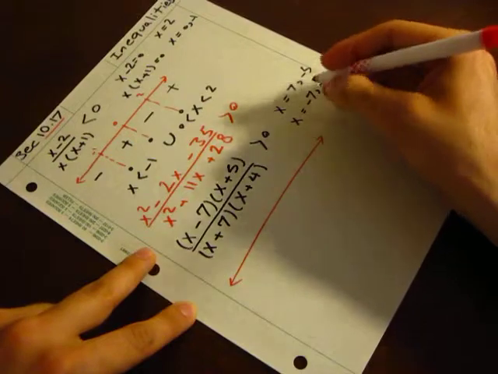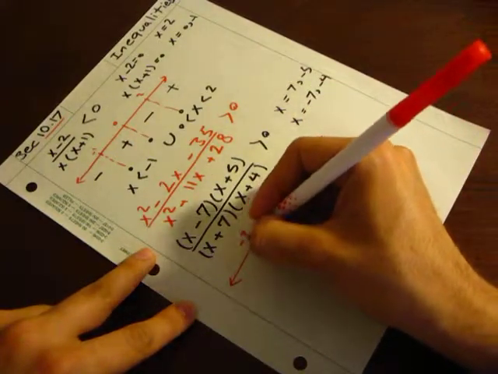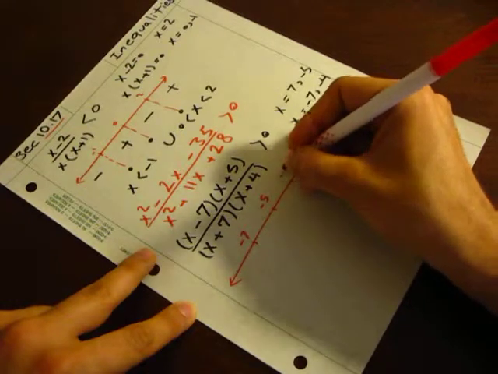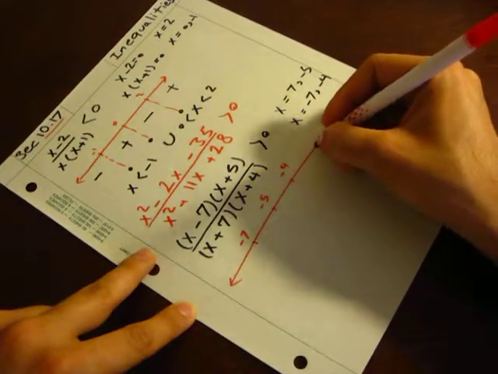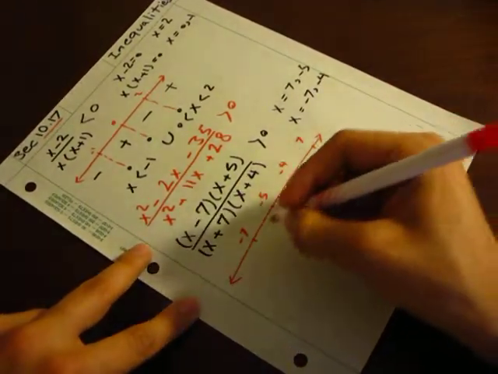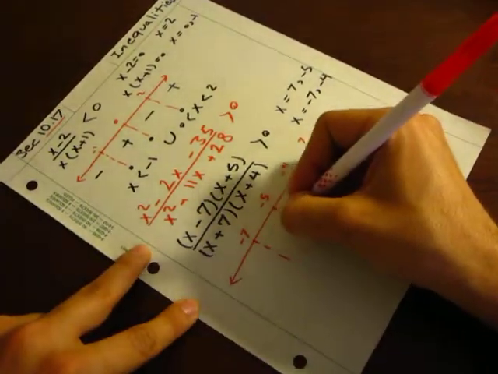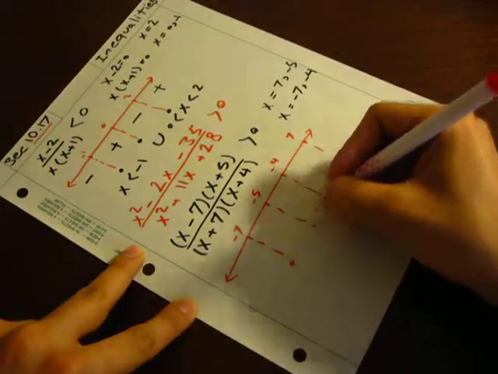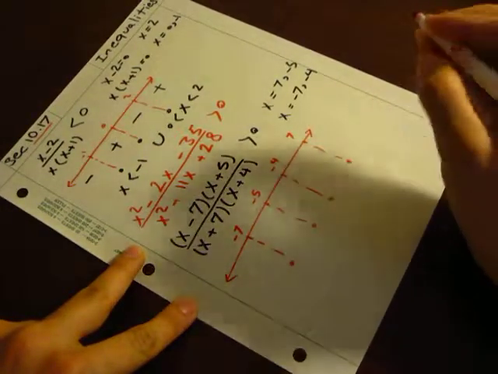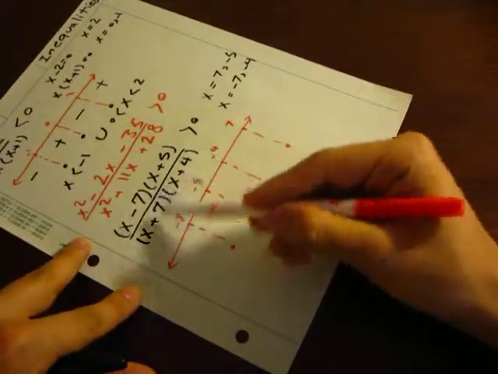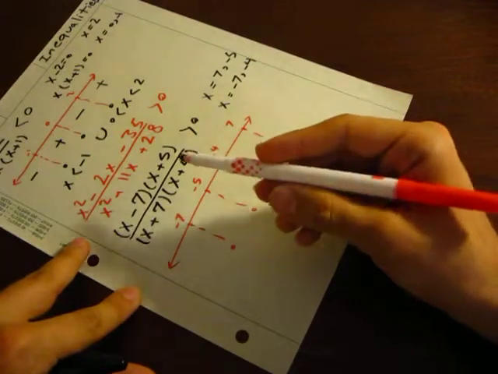So again, I draw my number line. This is negative 7, this is negative 5, this is negative 4, and then imagine this is 7 and it goes to infinity and negative infinity. As we all know, at these points we are going to have zeros, but the zeros that make the denominator equal to 0 are undefined.